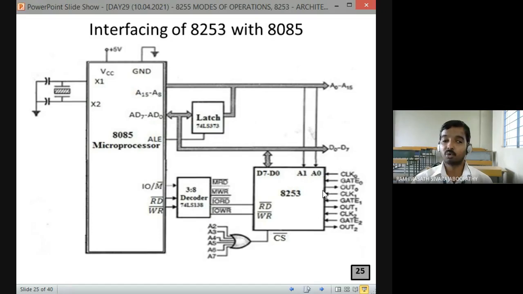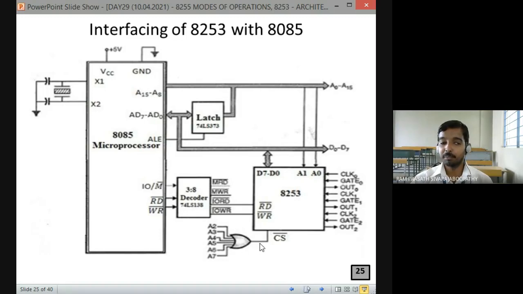I have already told you we are using the IO mapped IO scheme. That means I am going to use only an 8-bit address. Although there are 16 lines, I consider only 8. A1 A0 are connected directly. A2, A3, A4, A5, A6, A7 are all used to generate a logic.